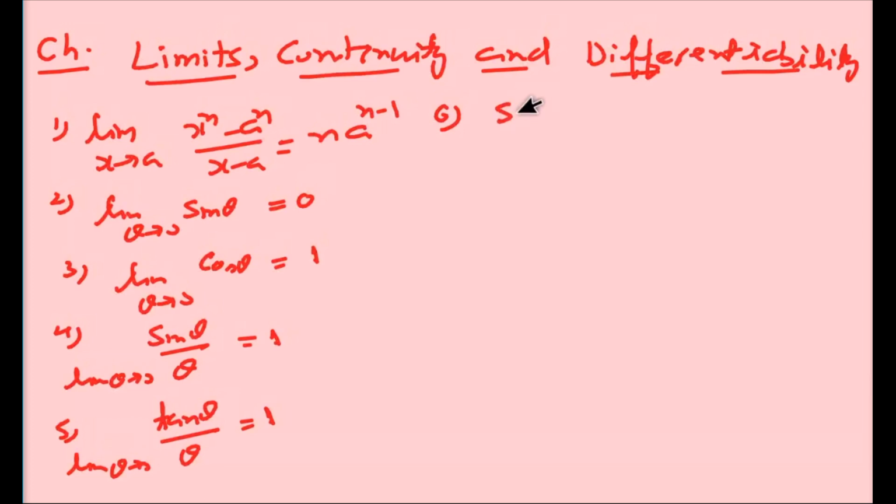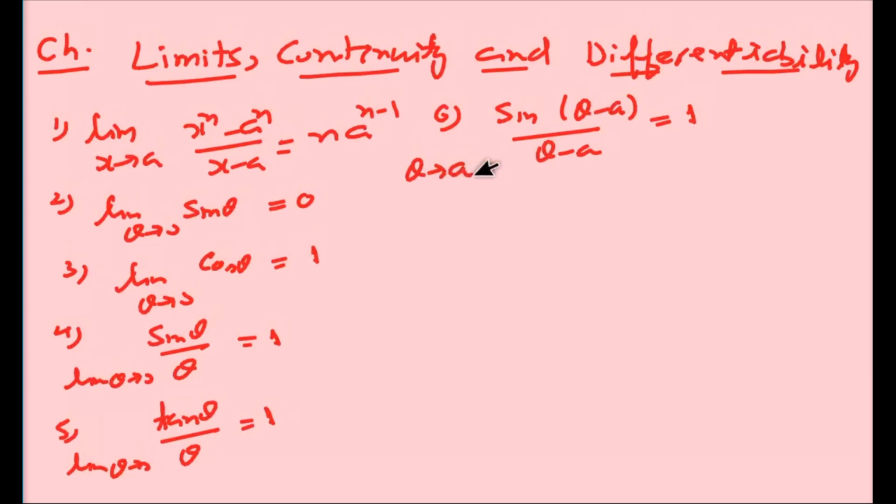sine of theta minus a upon theta minus a, if theta tends towards a, that is also equal to 1. Theta tends towards a means theta minus a tends towards 0.